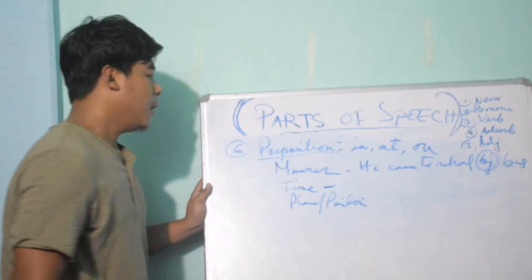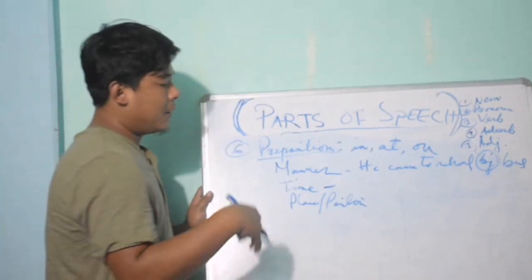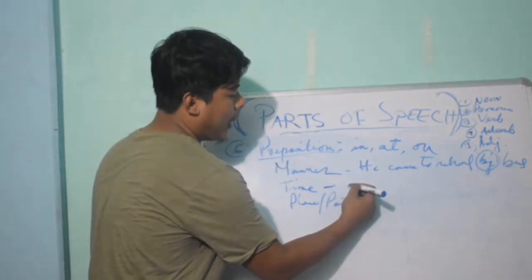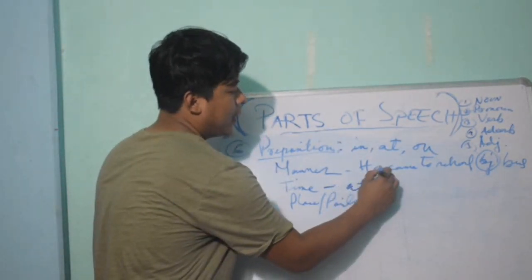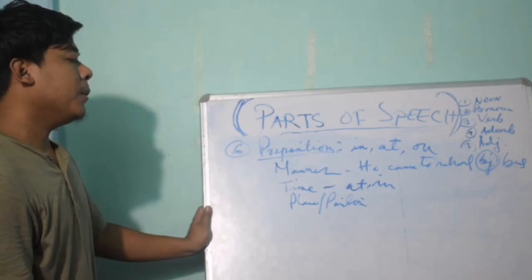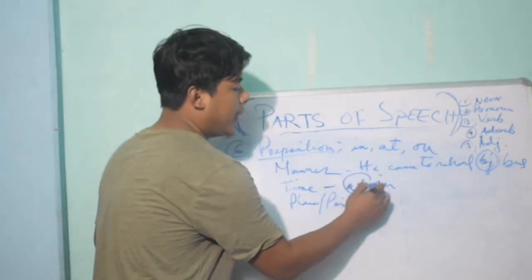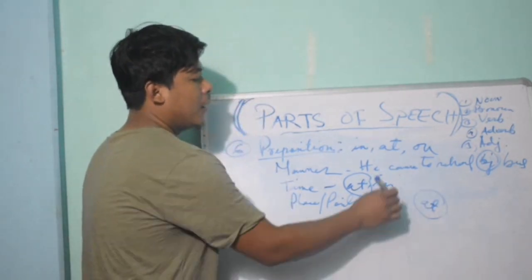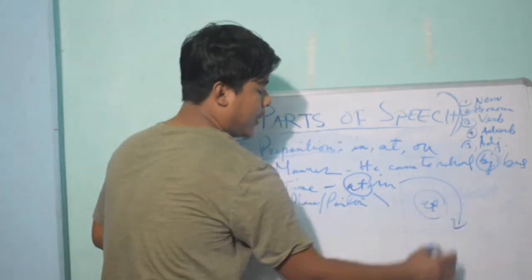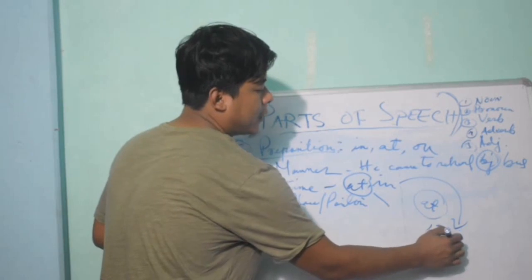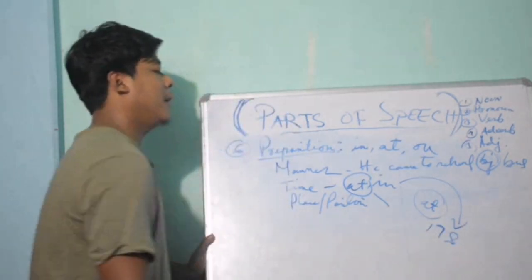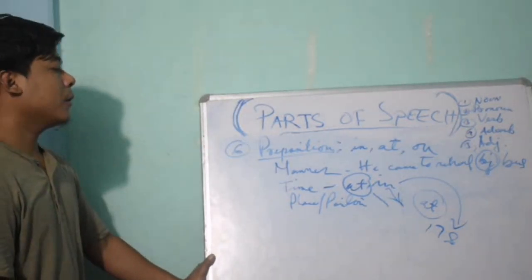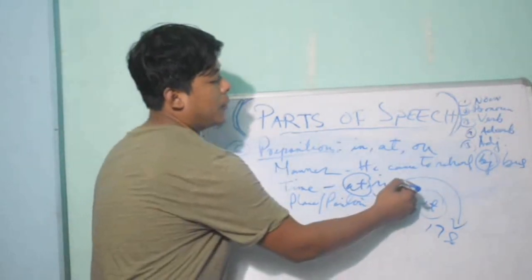When it expresses the relation of time, it can be at, in, like meet me at 3 o'clock. The word at is a preposition. Then I was born in the year 19 something. So the word in will be a preposition. Or on can also be here.